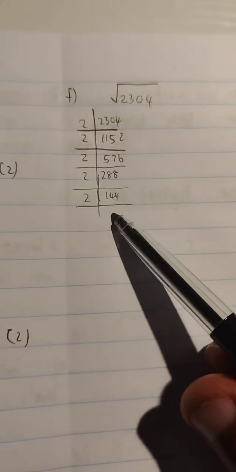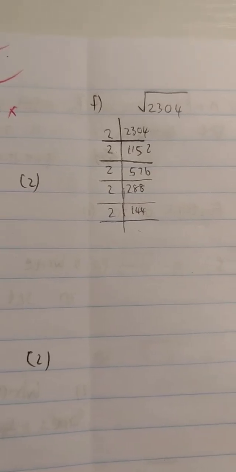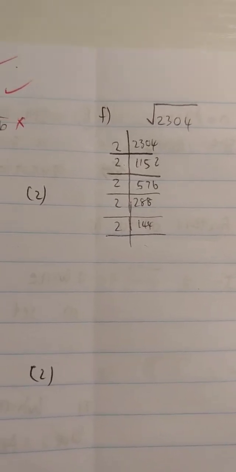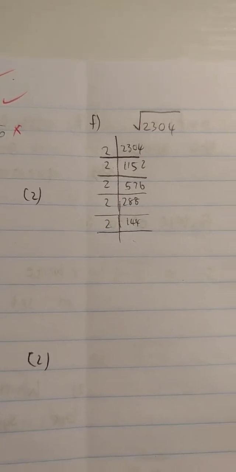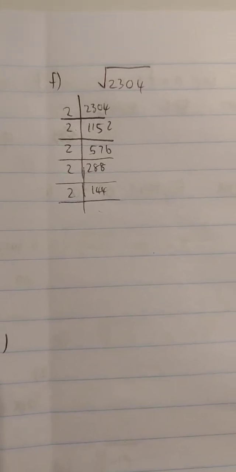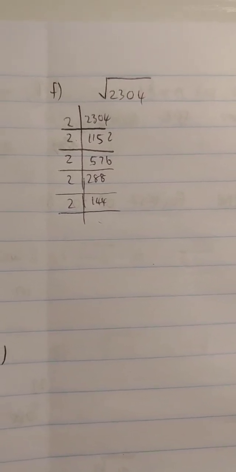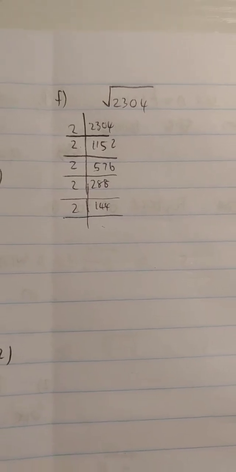How many times does it go in? 144. Smallest prime number that goes into 144 is, let's check if people know.